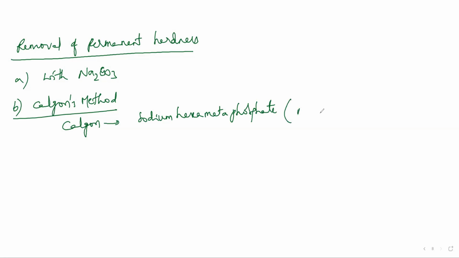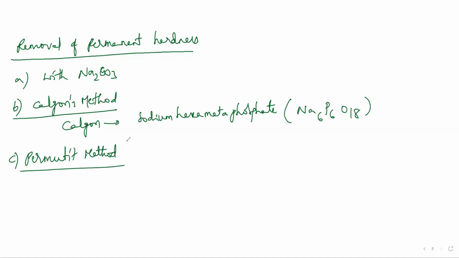So that is what we call Na6P6O18. This is what we call Calgon. Okay, this is one method. Next, permutit method. This is one more method. This is also important, the permutit method.